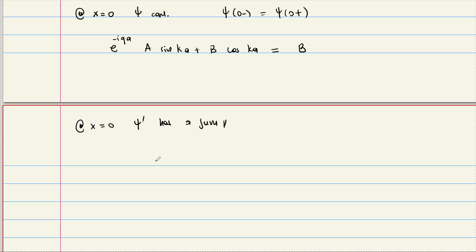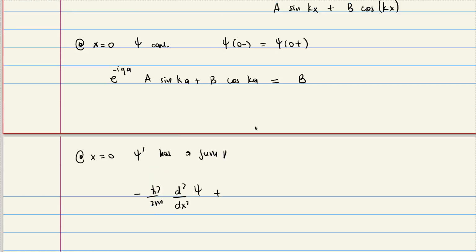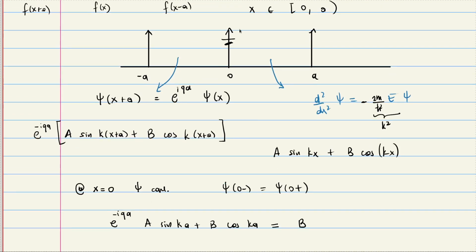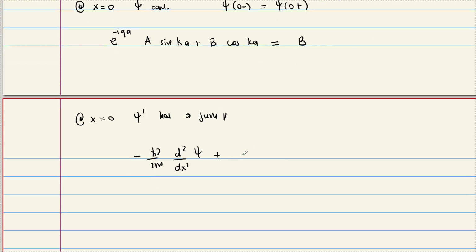How do we find this? We use the Schrödinger equation. Because I'm integrating here, I'll just write one delta function. The others are not here anyway. So this is going to be some alpha delta of x, psi of x is equal to E times psi of x.